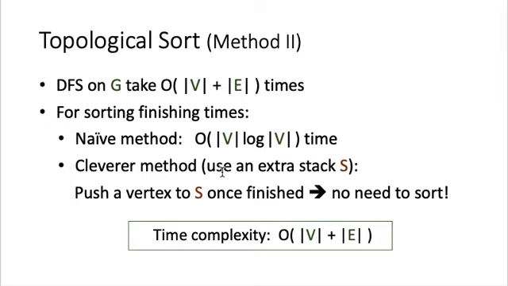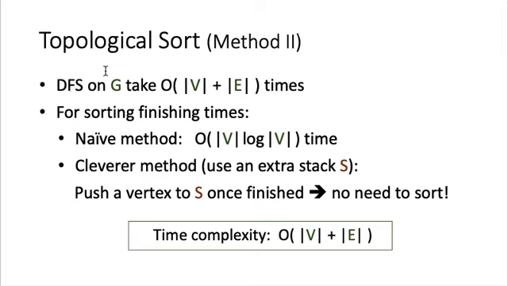A cleverer method is to use an extra stack S. Whenever a vertex finishes its processing, we put it onto the stack. In the end, the stack will contain the vertices, and the ordering from the bottom to the top will be according to the time that they finish. The earlier a vertex finishes, the closer to the bottom it appears in the stack.